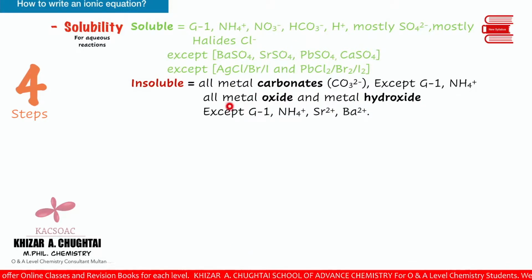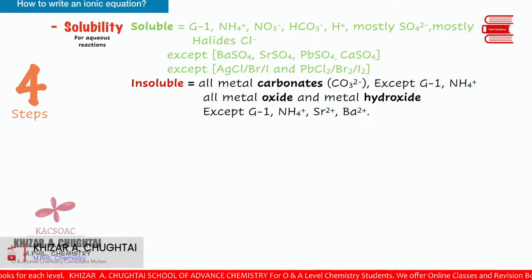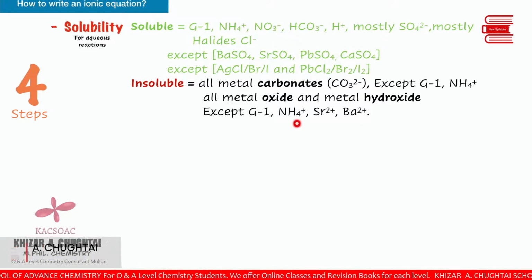All metal oxides and metal hydroxides are water insoluble, except if the metal is from group 1, that will be soluble. If oxide that is having NH4 positive ion, it will be soluble. Any oxide that is having strontium ion, that will be soluble. Any oxide that is having barium 2 positive ion, that will be water soluble.